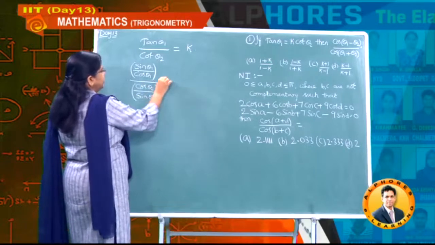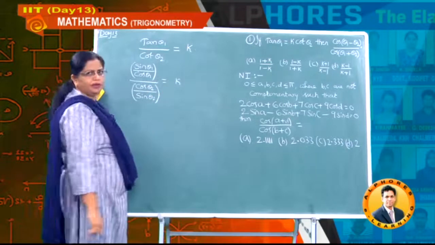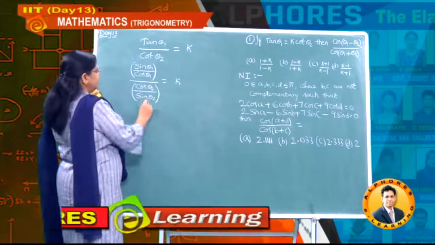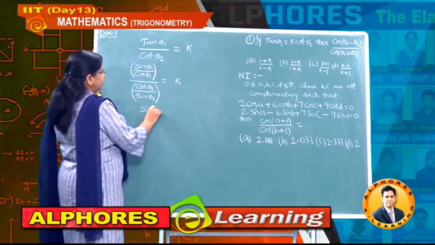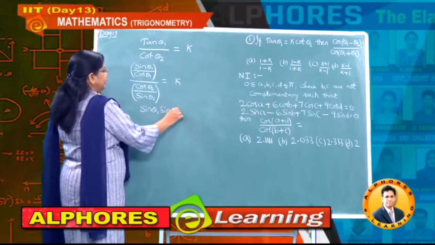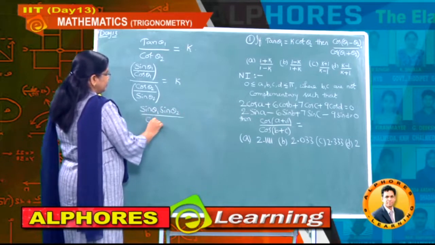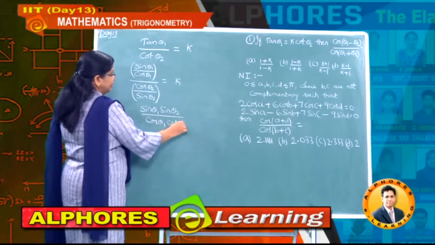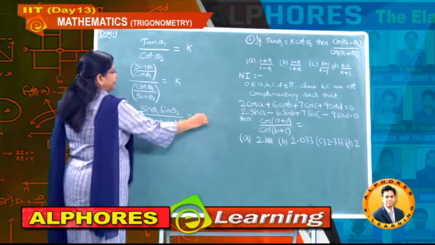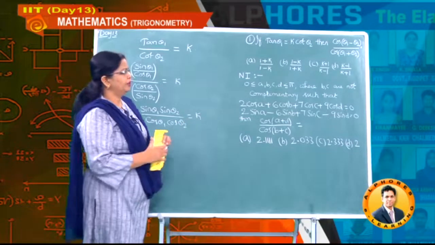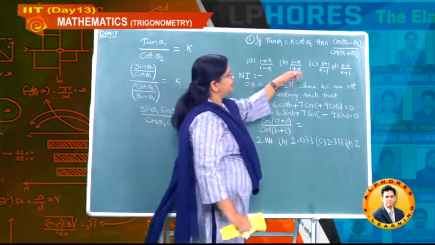And now this is equal to how much? K, okay. Now if I write this value, it is sin theta 1 sin theta 2, denominator it is cos theta 1 cos theta 2, and now this is how much here? K, okay.